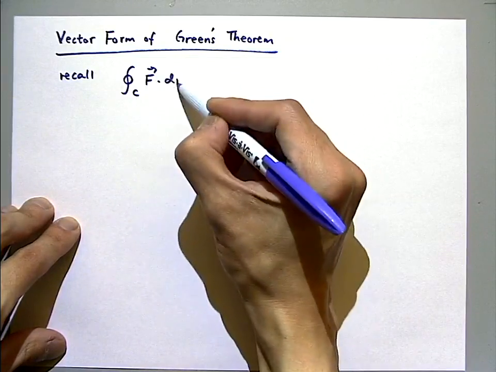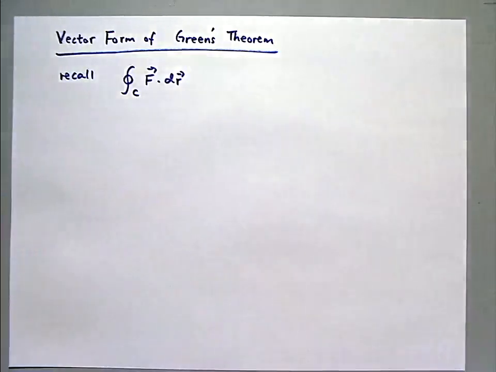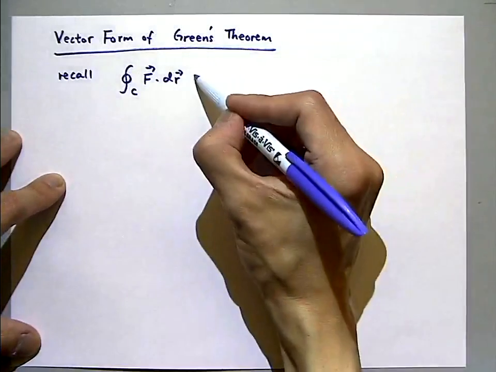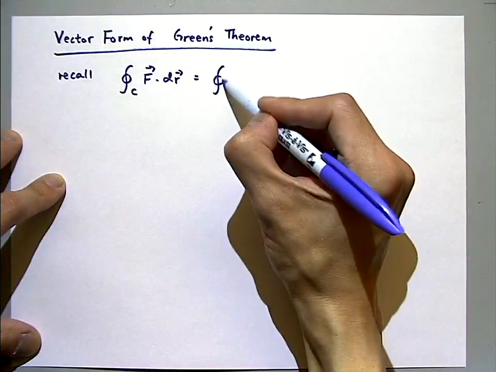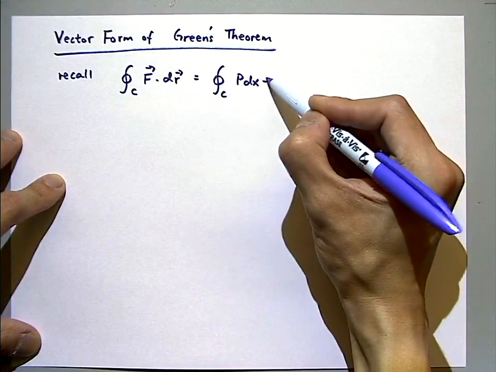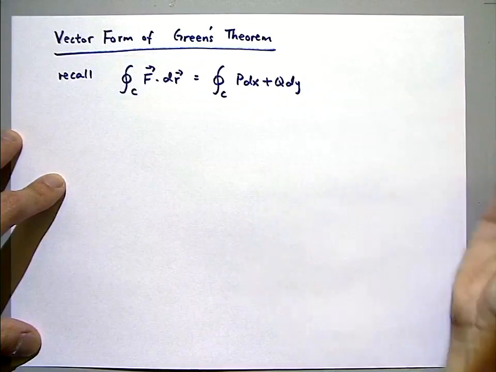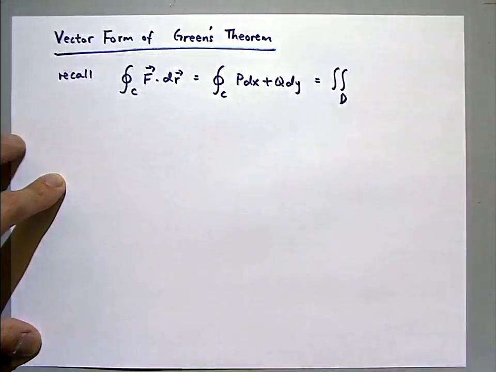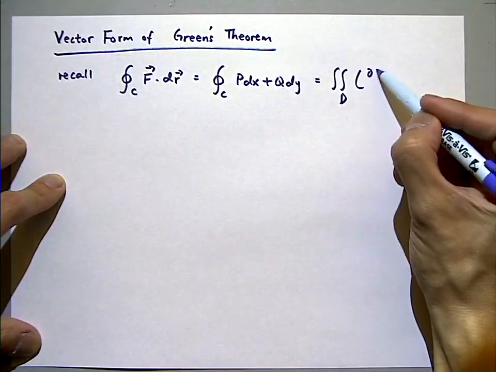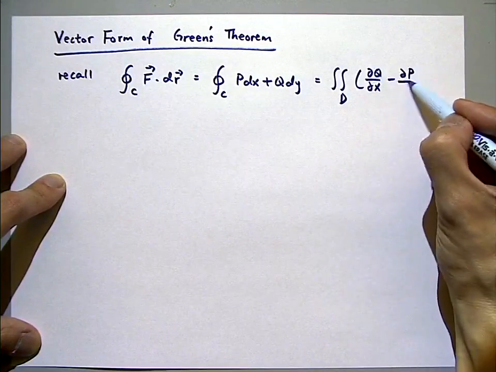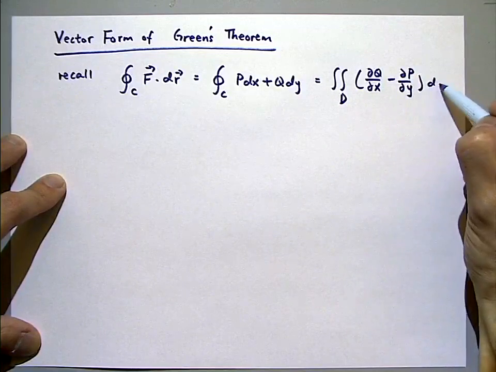Recall Green's theorem says that if you go around a closed loop, so that little circle here means closed loop, of F dot dr, this turns out to be P dx plus Q dy, which by Green's theorem means that we do a double integral over the region D of partial Q with respect to x minus partial P with respect to y, dA.